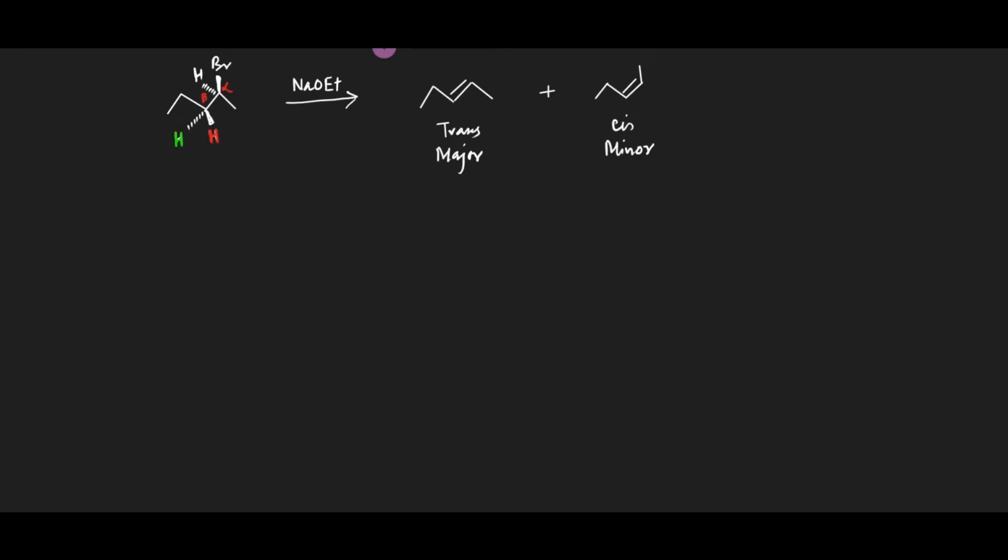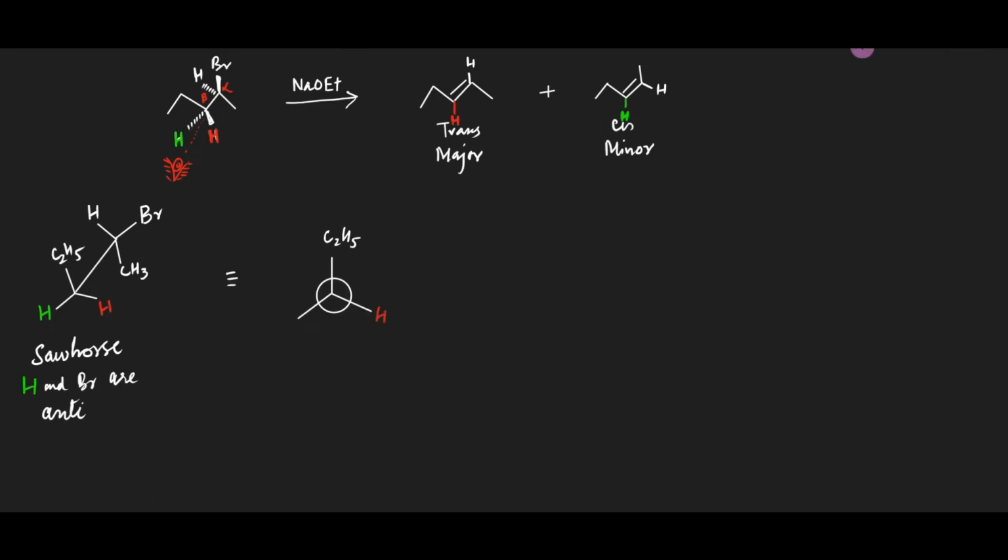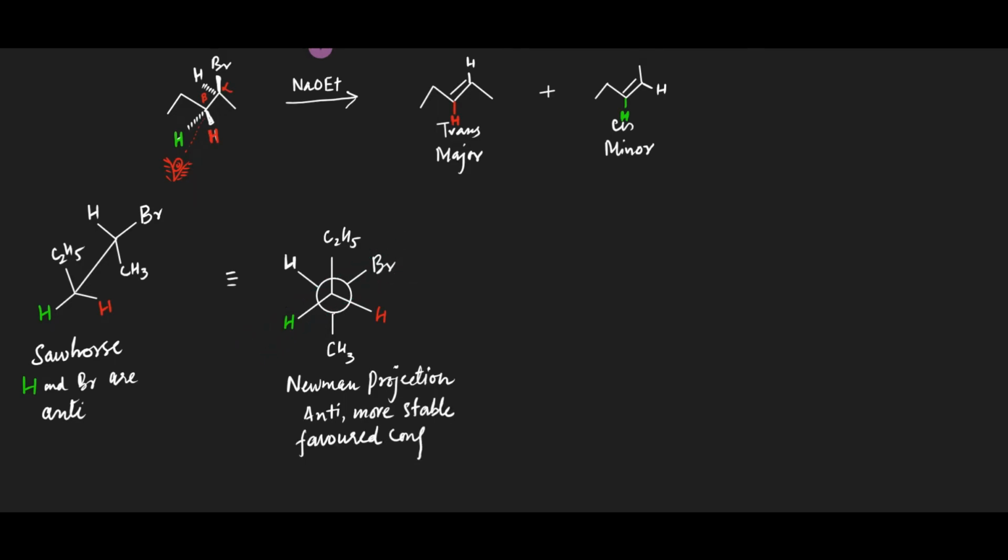Trans-alkene is formed by removal of green H and cis-alkene is formed by removal of red H. To understand, let us draw the sawhorse projection of this flying wedge representation. Green H and Br are anti in this sawhorse projection. We can convert this into Newman projection, and see that green beta H is anti to bromine. This is more stable conformation and exactly as required for E2 elimination.